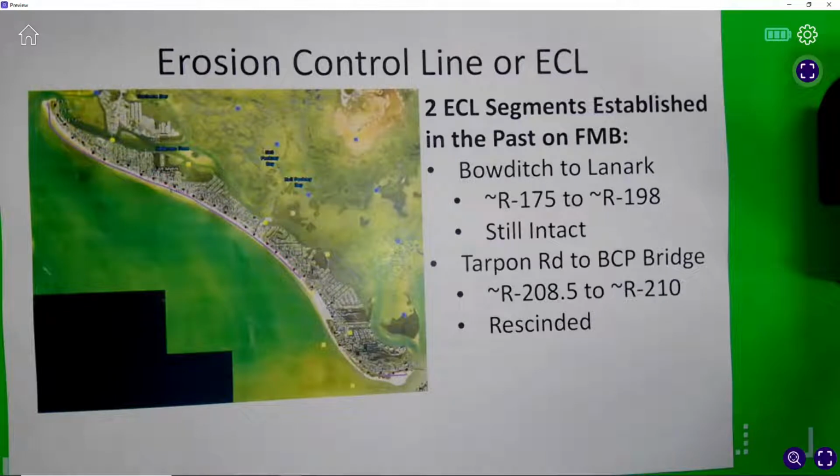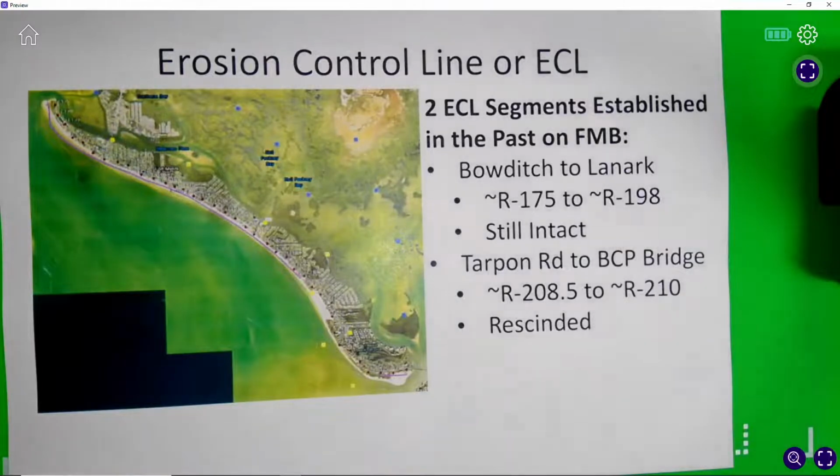And that ECL is still intact today. There's another one that was established from Tarpon Road to the Big Carlos Pass Bridge, R208.5 to R210, and that one has since been rescinded and no longer is a property line over there as that beach accretes.